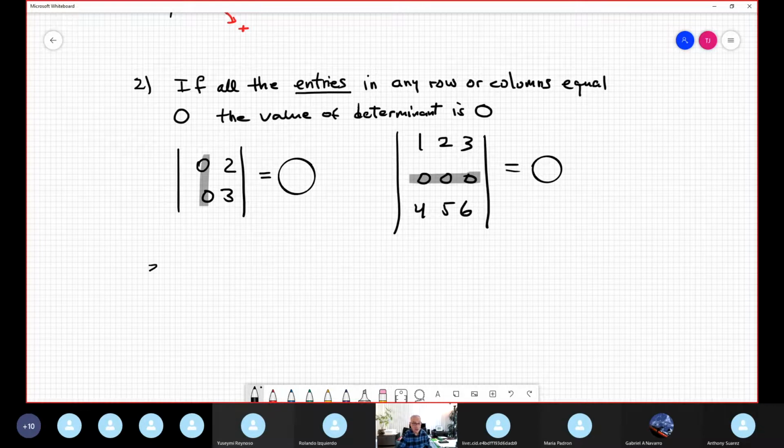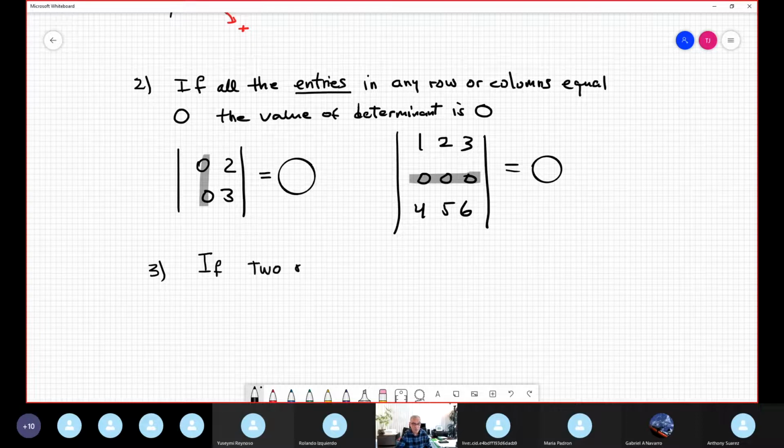But not only that, we have a more complicated situation. Property number 2 is elementary. It's obvious, right? Not obvious, but I can prove it a little bit.